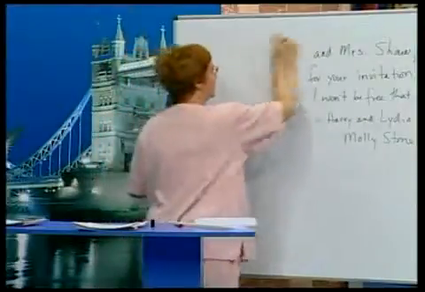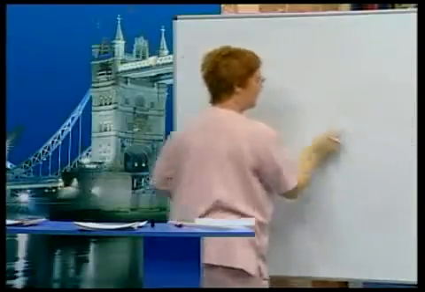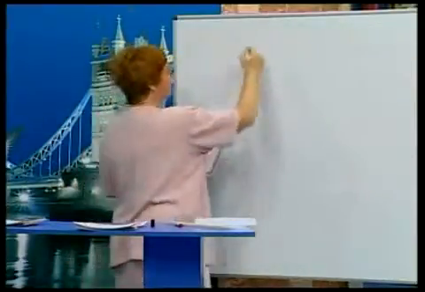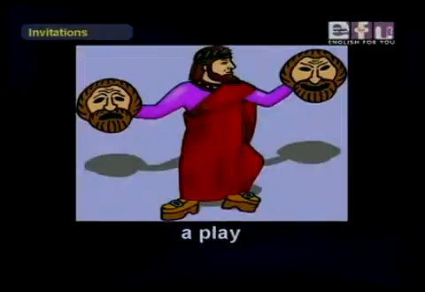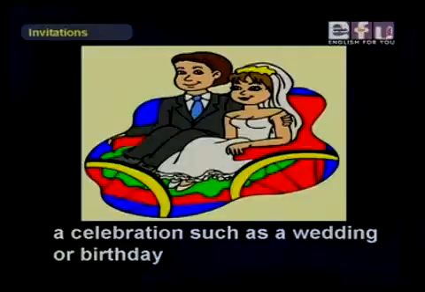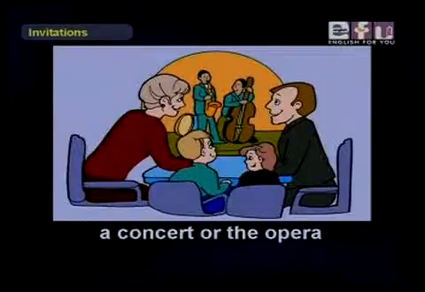Now, we're going to start with places that we invite people to. So, let me show you some of the places. For example, a movie, a restaurant, a play, a celebration, such as a wedding or birthday, a party, a concert, or the opera, and maybe a nightclub.